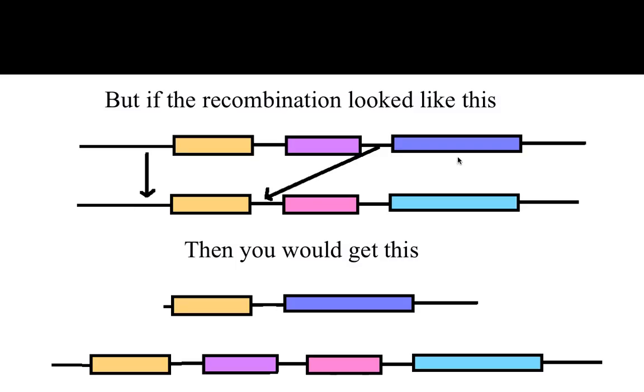The problem comes if there happens to be a sequence here that looks like a sequence here, and we get a recombination between this site and this site. Now we would come through this gene to this gene, but then we would come over to here through this particular gene, now the pink allele to the light blue allele, and then go up into this one. That would create recombination products that would look like this, one of which is this one.